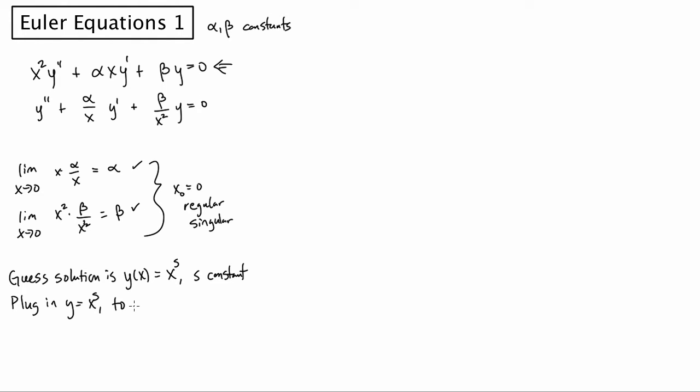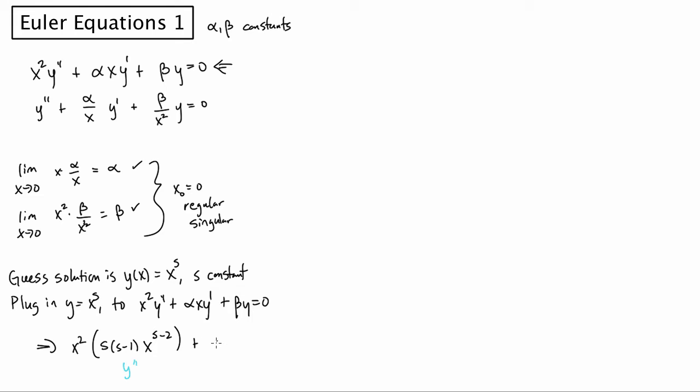So if I plug y equals x to the s into x squared y double prime plus alpha x y prime plus beta y equal to 0, then the result of that is we've got x squared times, now notice, y double prime, I'm going to get an s and an s minus 1, x to the s minus 2 come down. So that is y double prime.